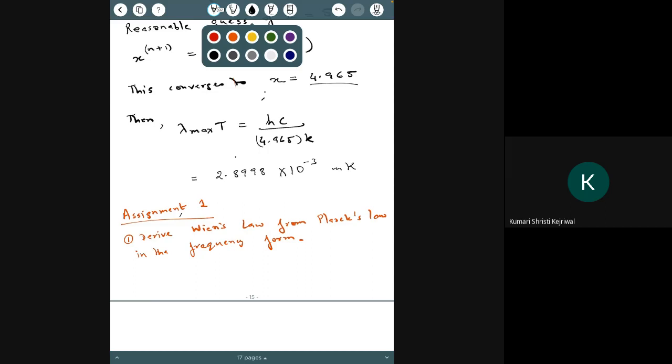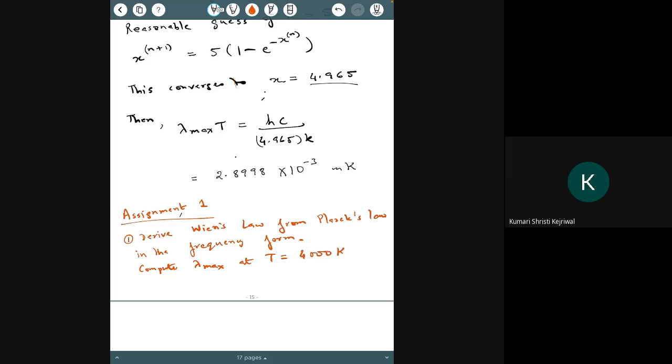And you can also take an example over here. So following this, you can compute lambda max at a temperature of say 4000 Kelvin using Wien's law in the frequency picture.